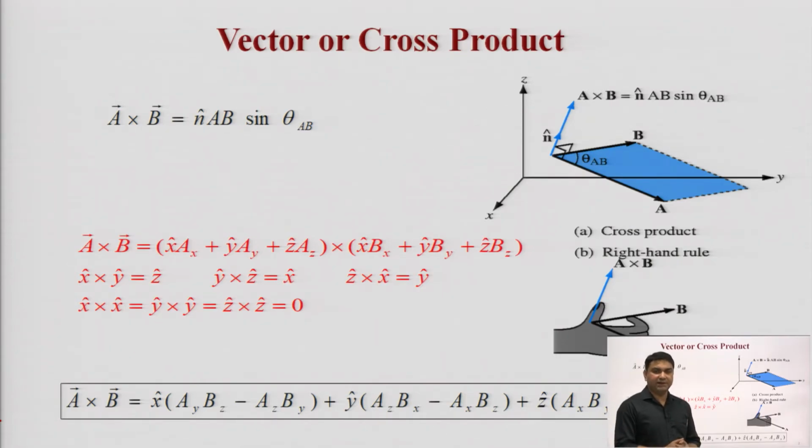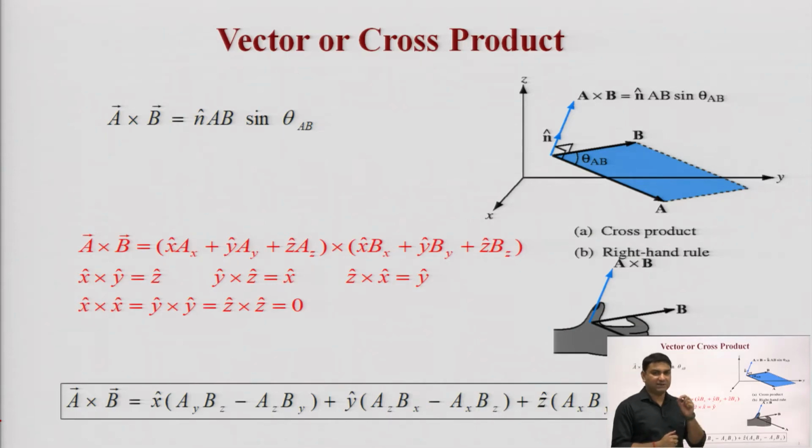The two vectors A and B, which are represented either in two dimensions, the x and y plane, or in three dimensions, x, y and z form. The simplest phenomenon of the cross product of the two vectors A and B is given as this: A cross B is equal to n unit vector into AB sin theta.